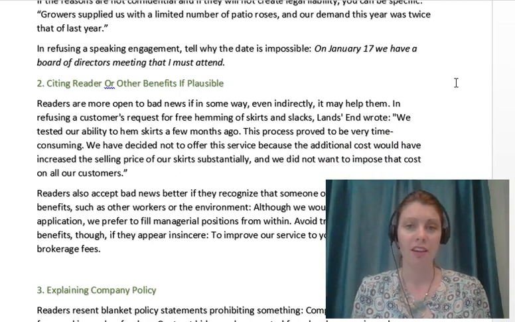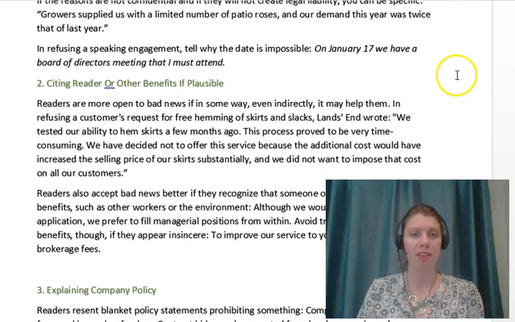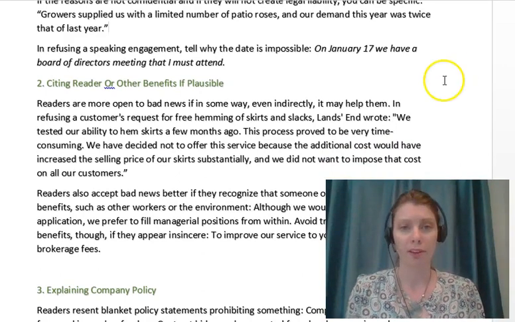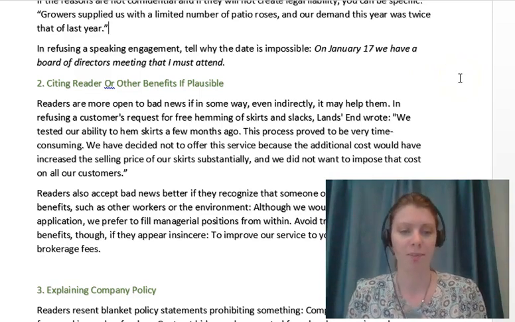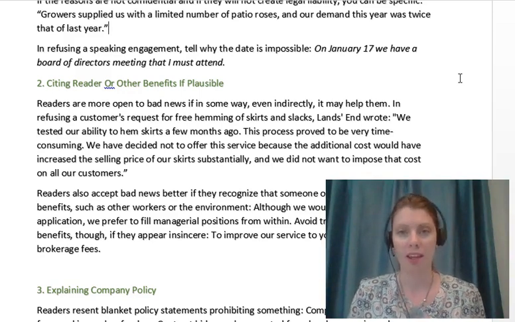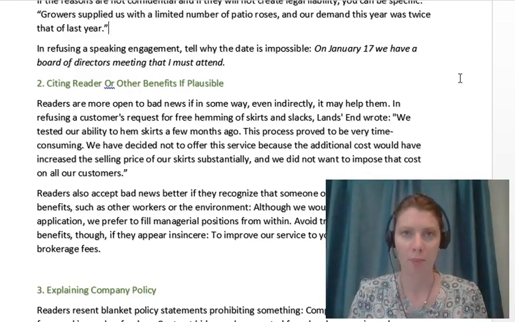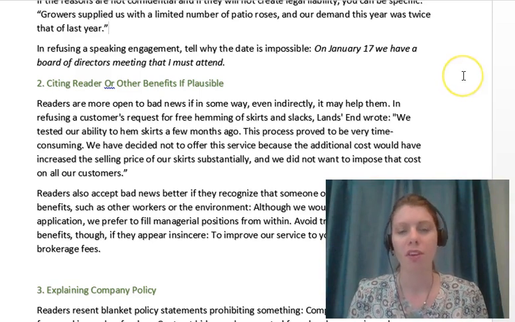Another technique for presenting your reasons might be citing reader or other benefits, if plausible. Okay, so readers are more open to bad news if in some way, even indirectly, it might help them. In refusing a customer's request for free hemming of skirts and slacks, this company wrote, "We tested our ability to hem skirts a few months ago.